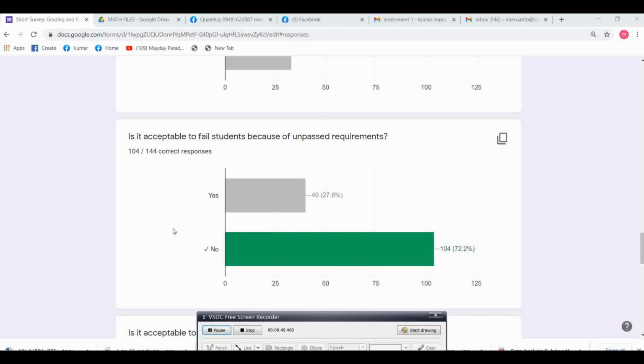In college, we usually indicate I and C. So we will write I and C for the unpassed requirement. If you miss some exams, we will just indicate I and C. But in the public schools, if you are in DepEd, the teacher usually does the follow up to the parents and the students as well.